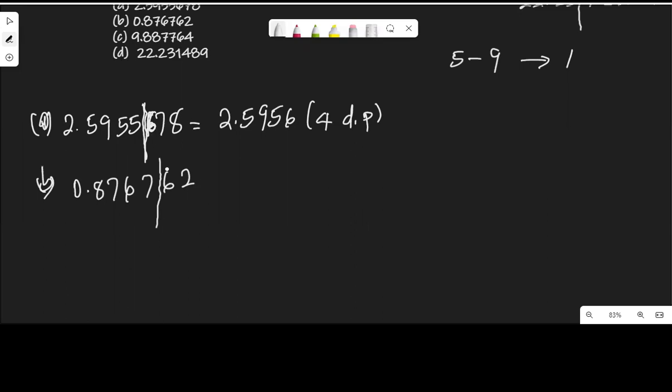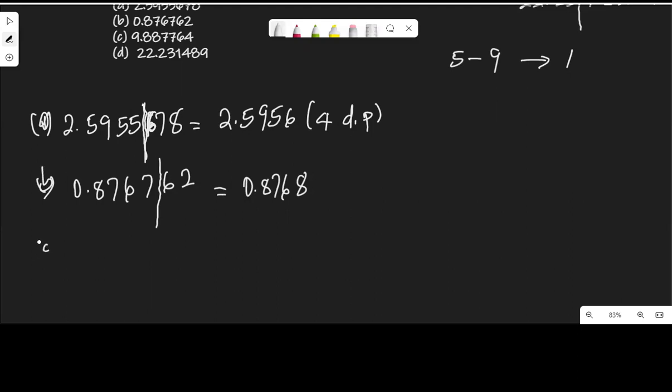The next digit to it is 6. 6 rounds to 1. 1 plus 7 is 8. So this number to 4 decimal places is 0.8768. That is all for question B.